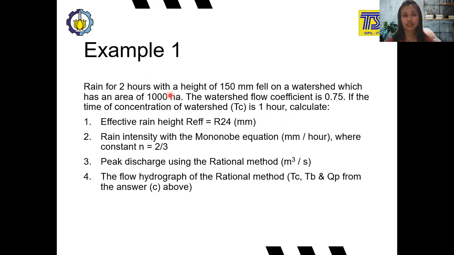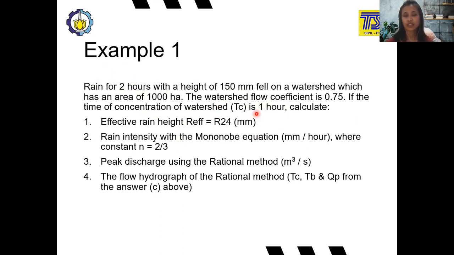So the duration of concentration will be faster than the duration of the rain, which means the water flowing from the upstream to downstream in 1 hour, while the rainfall is still happening until the second hour.